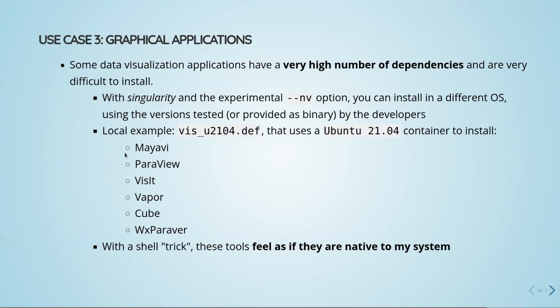So what I did at some point was to generate a container based on Ubuntu 21, and then I install those codes in that container. It's easy because Ubuntu is so common that the developers sometimes provide a binary file or a very easy way to install it, much easier than in my actual system. So I install it in Ubuntu, and then I can use it in my host system.